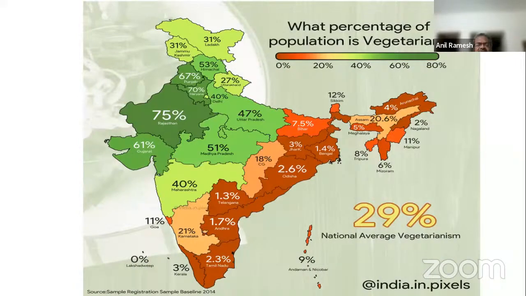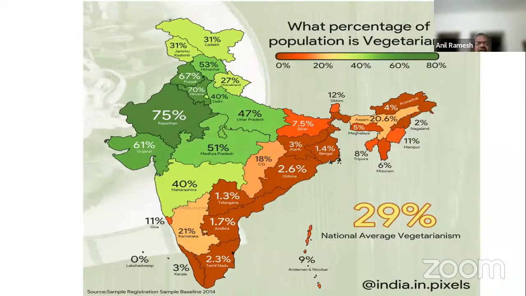The basic assumption here is that vegetarianism and aggressiveness are connected, and that South Indians are supposed to be more gentle and non-aggressive, and North Indians tend to be a little loud in their behavior, especially places like Haryana, which has given us a lot of medals in wrestling, kabaddi, and these types of games.